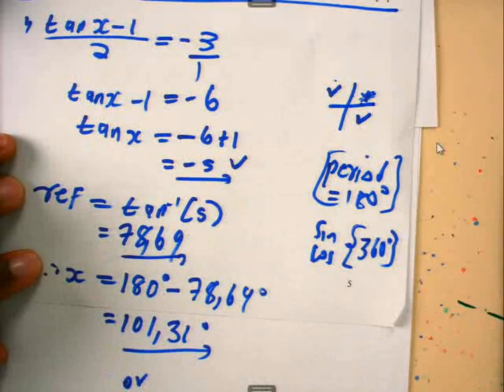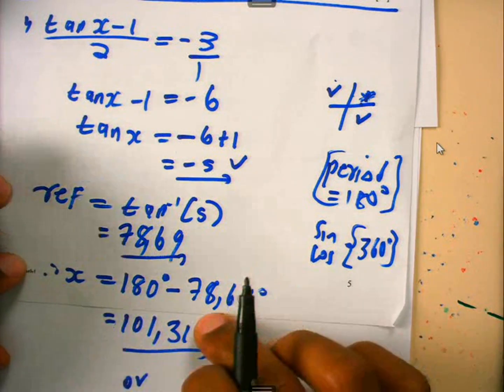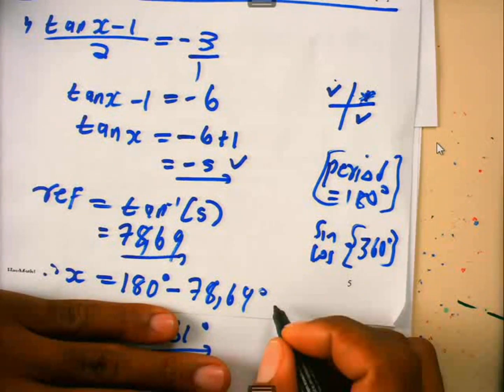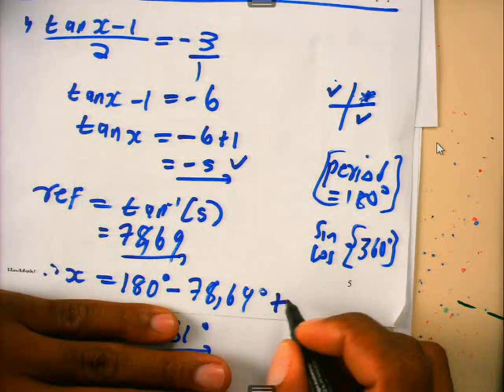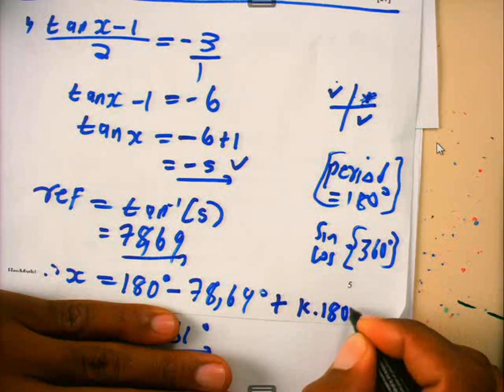Once you have solved the equation, when you determine the general solutions, in this part that we are having 180 degrees minus 78,69, you add the period of the tangent, which is k times 180 degrees.